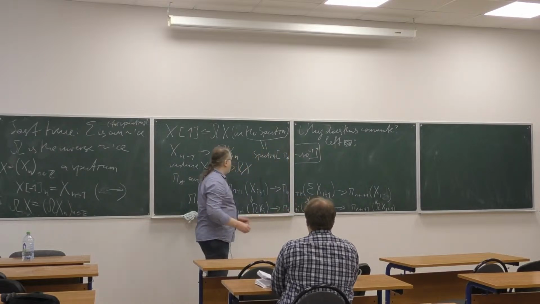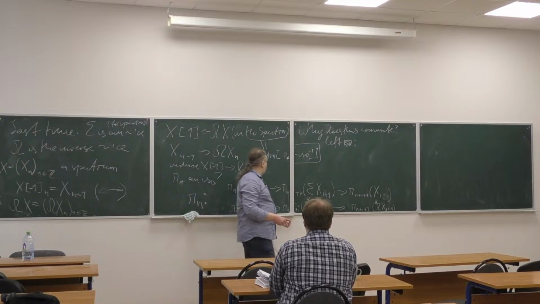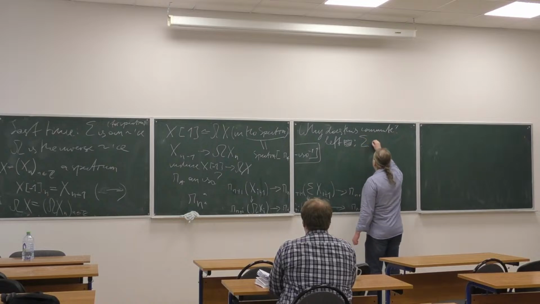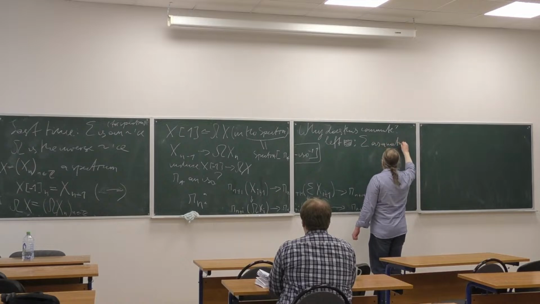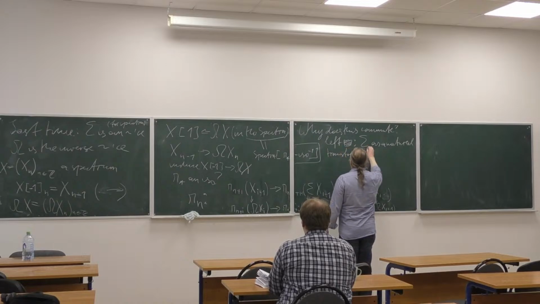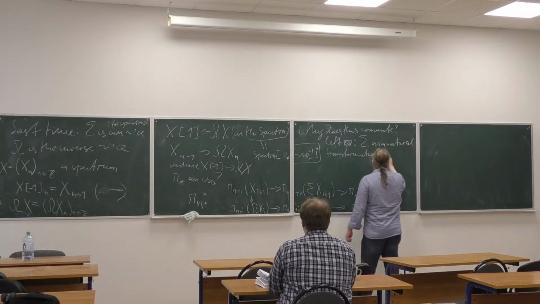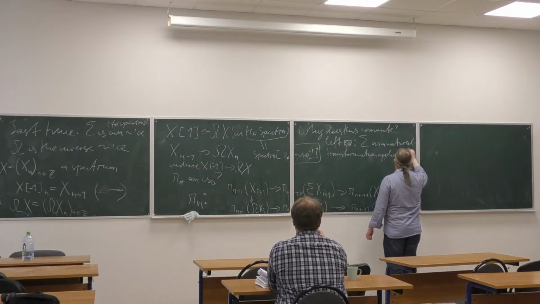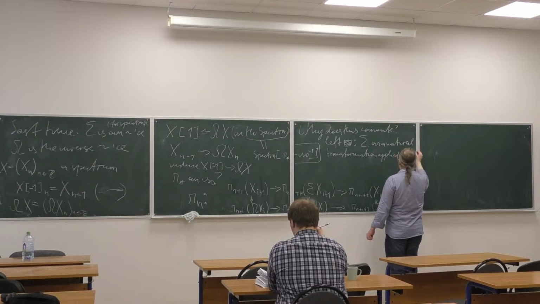Basically, the square on the left is the suspension as a natural transformation applied to the map xi minus 1 to omega xi.